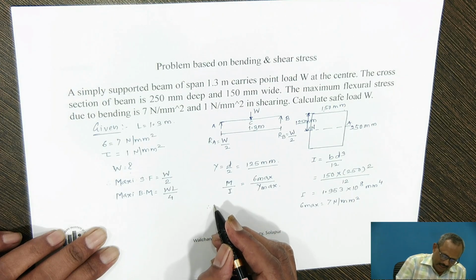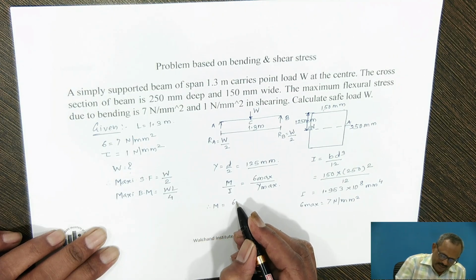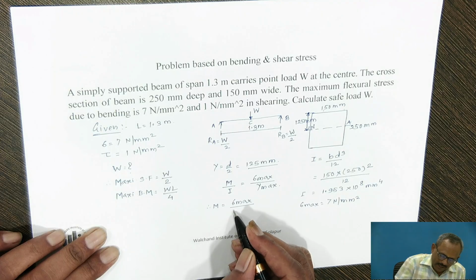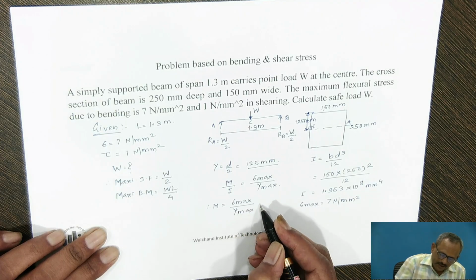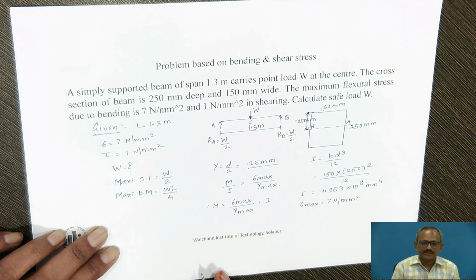Hence, M is equal to sigma max divided by Ymax into moment of inertia.